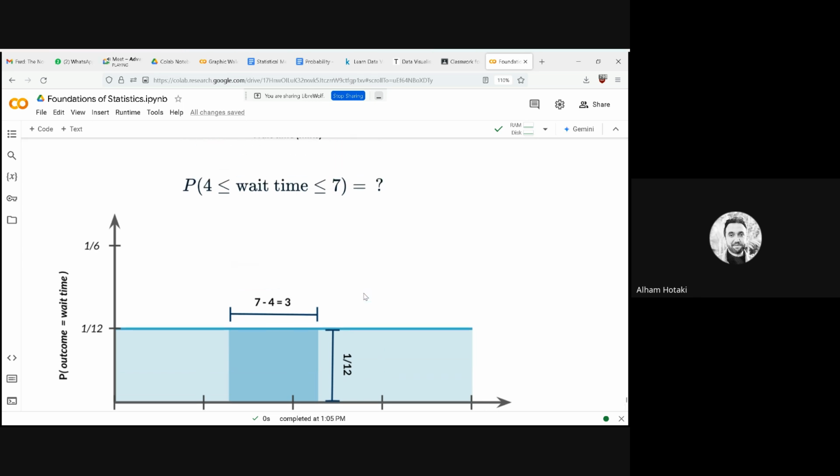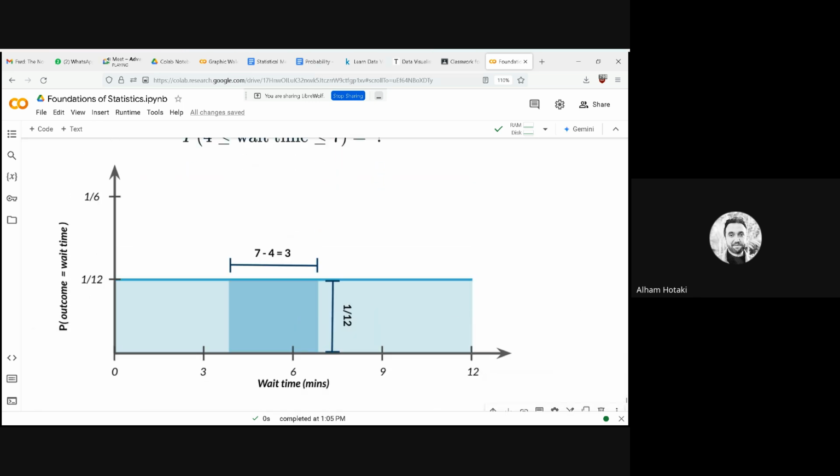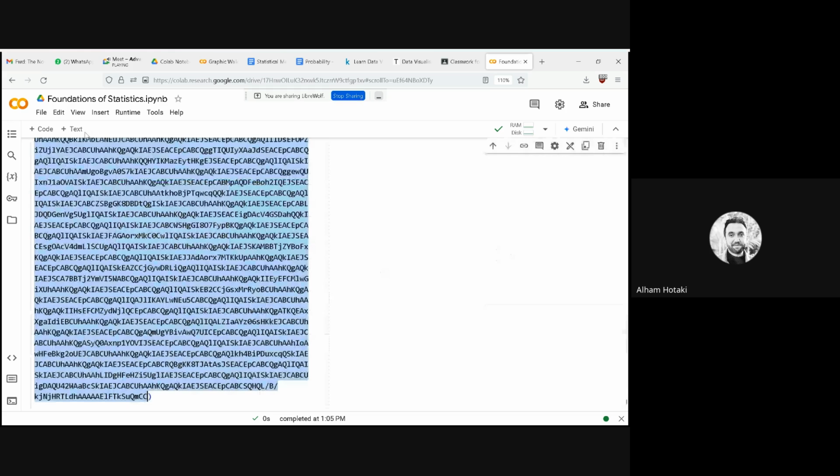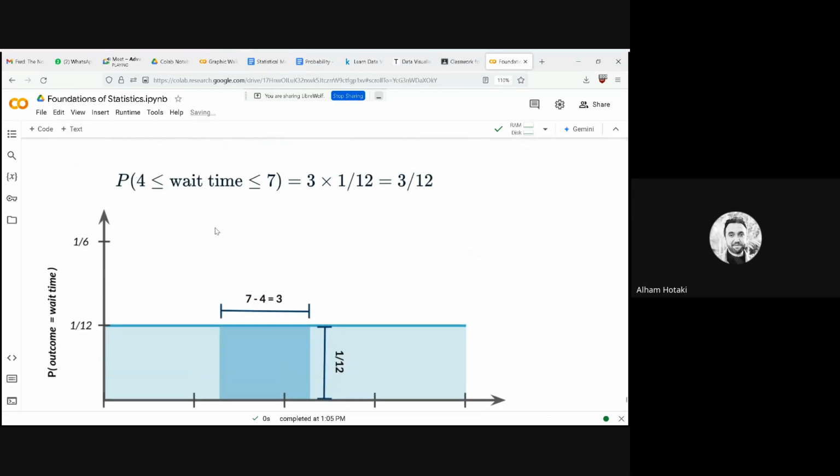So 3 multiplied by 1 by 12. If you multiply this by this, you get the area of this rectangle.